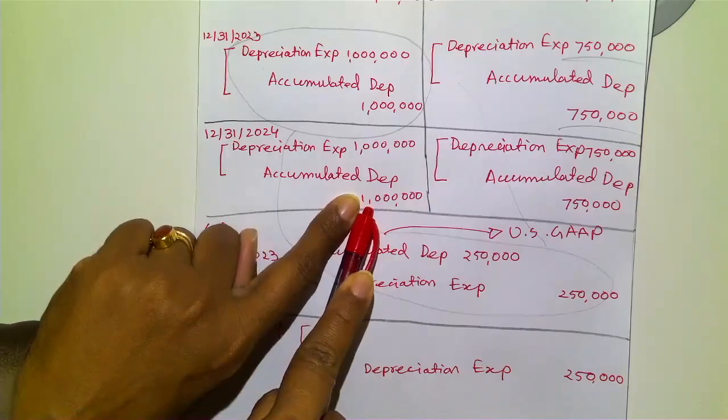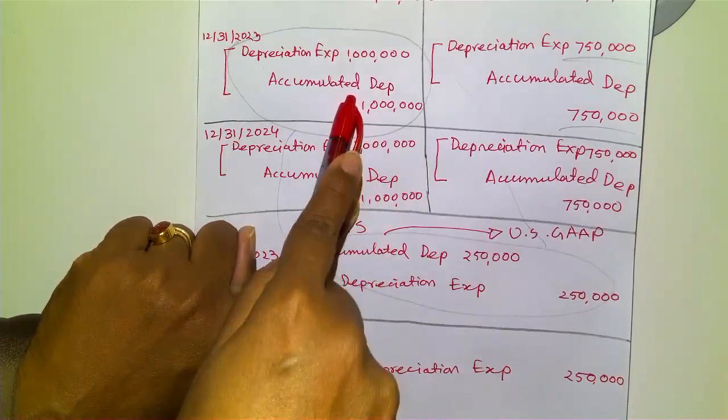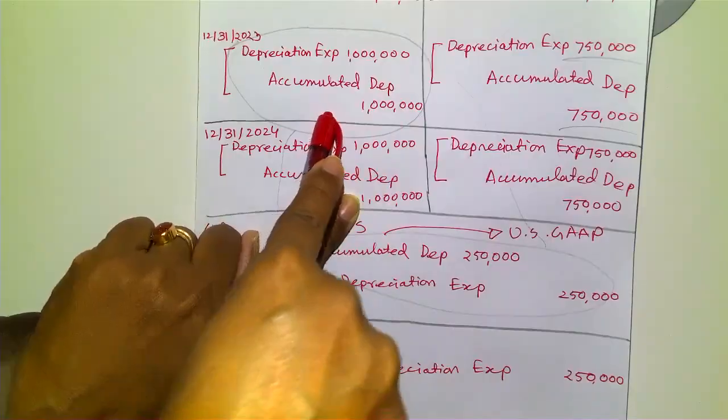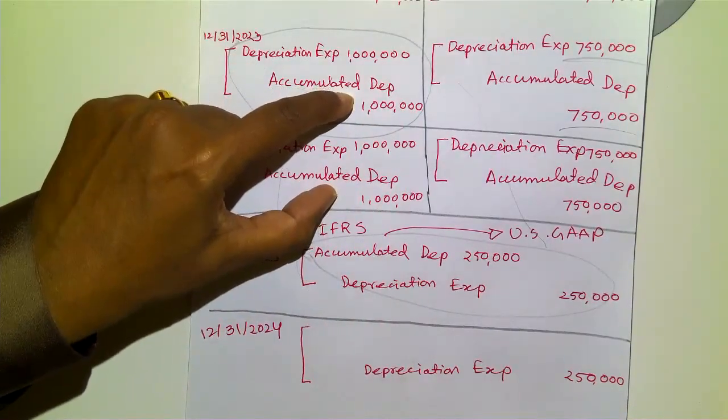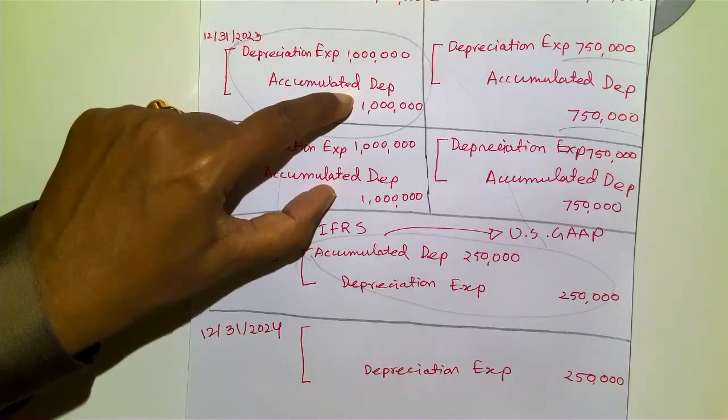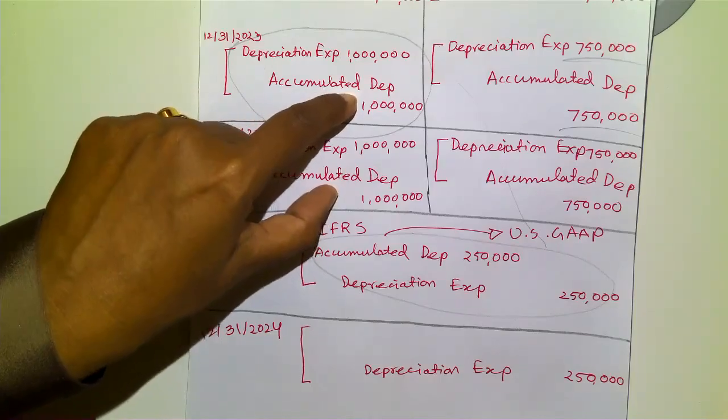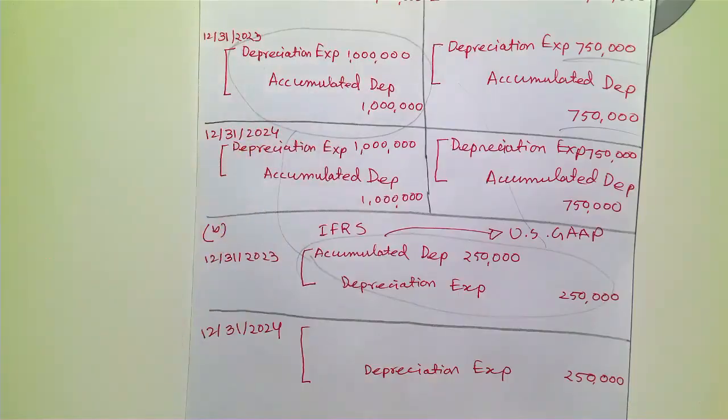And I already explained, it's a balance sheet thing. Last year, it was also higher by 250. So we carry forward the balance sheet things from one year to another year. So for 2 years' impact, the accumulated depreciation is higher by 500,000. So I will lower it.